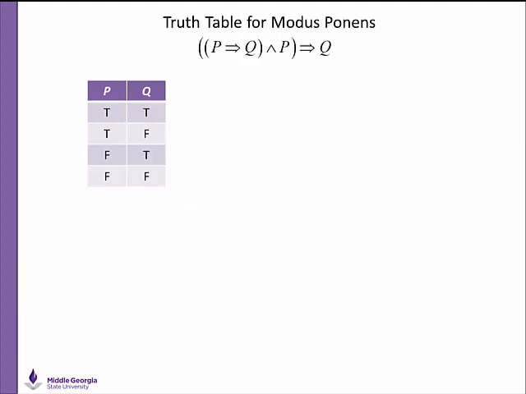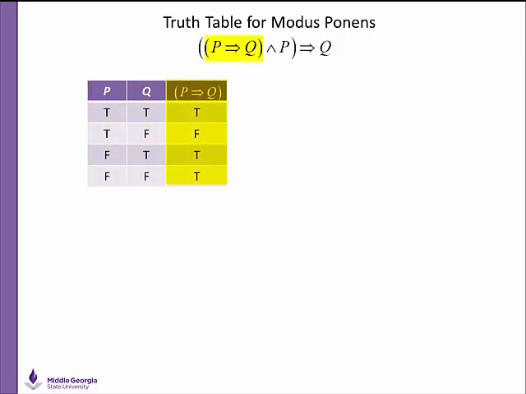Truth table for modus ponens. Modus ponens written symbolically is P implies Q, and P, implies Q. We have two distinct simple statements, P and Q. We know there are four possible combinations, and in the first column for P we write true, true, false, false, and for Q we write true, false, true, false.